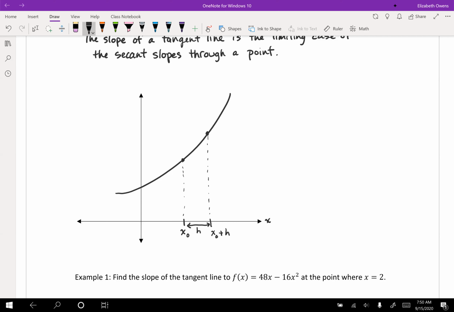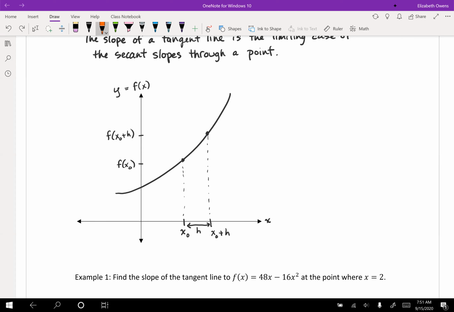Okay, so those give us our 2 points on the function curve. This right here would be f of x naught. This up here would be f of x naught plus h. This is for f of x there. And so what we would do is we would let those 2 points get closer and closer to one another. So we'd bring x naught plus h closer and closer in towards x naught.